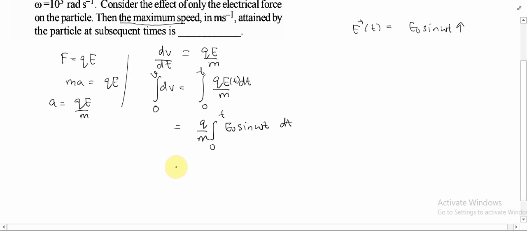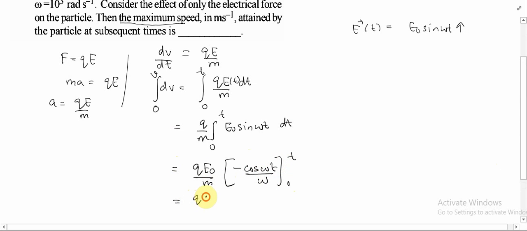E0 is a constant, so you can take it outside: qE0/m times the integral of sin(ωt). The integral of sin x is minus cos x, so this will be minus cos(ωt) divided by ω, since the derivative of ωt is ω, with the limits 0 to t.